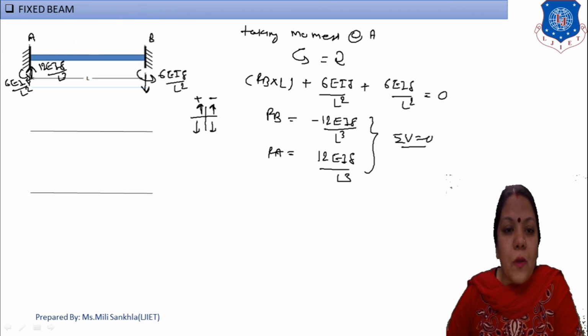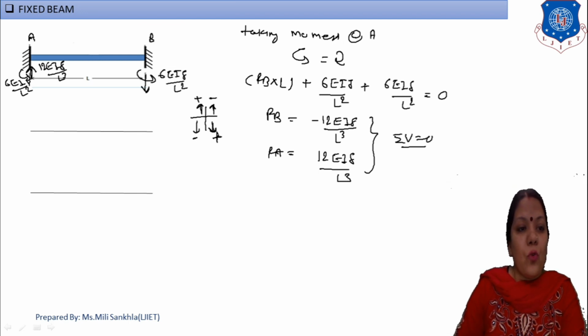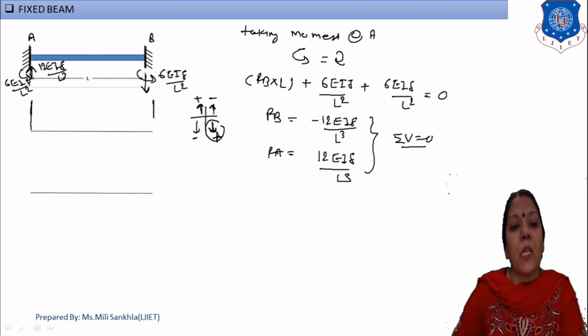Okay, now this is plus, minus, minus, plus. First of all, this is our left hand side upward, so draw this up value on the left hand side, 12EI delta by L cube. And here on the right hand side downwards. Look at this, this right side downward is again our positive, and both values are the same.